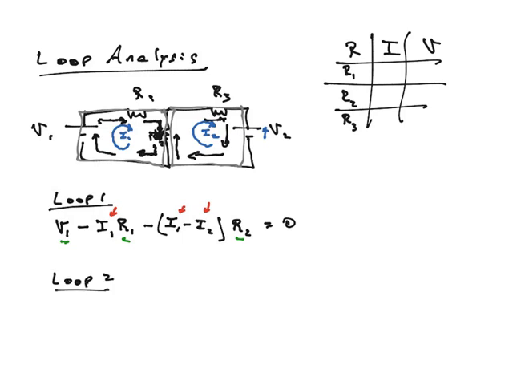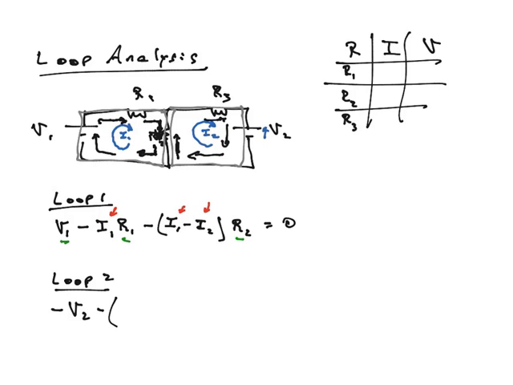This equation, of course, is for loop 2. And we do exactly the same thing. I'm going to follow the current around the loop. So I hit the voltage source, but I hit the big side, then the small side, so that's backwards, so I'm subtracting that amount of voltage. Then I continue along, I get to R2, so I'm subtracting. How much?